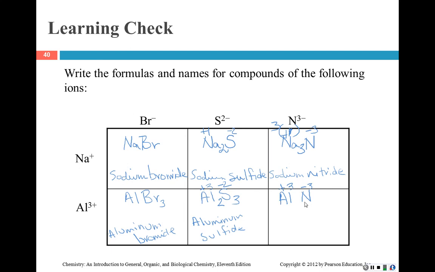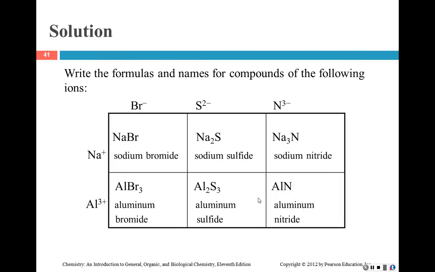That's kind of funny looking, but that's what that is, AlN. So that is aluminum nitride. Remember, I do this IDE ending when I have a single type of element as the second one, even if I have more than one of them, as long as it's the same element. And I think we have agreed with the book once again.